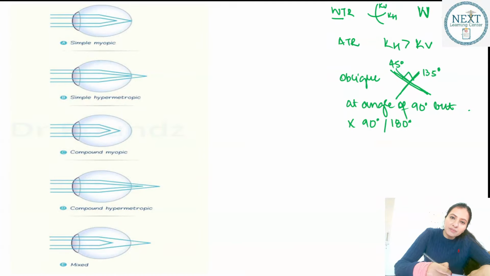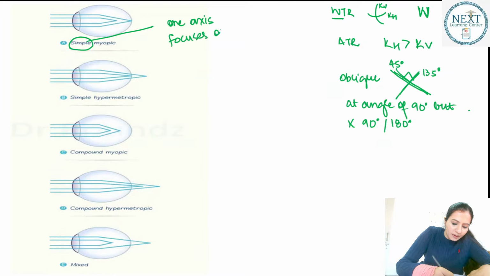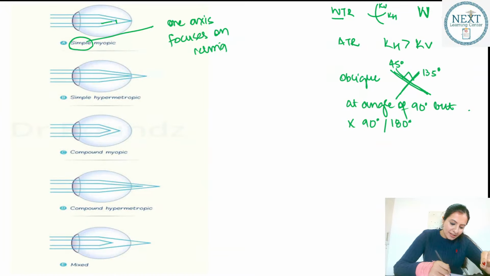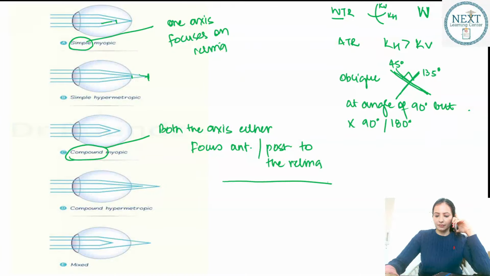Then there are different types of astigmatism. Simple myopic. Simple means one axis focuses on the retina. Myopic means eyeball is long, so the rays will focus anterior to the retina. Then simple hypermetropic.